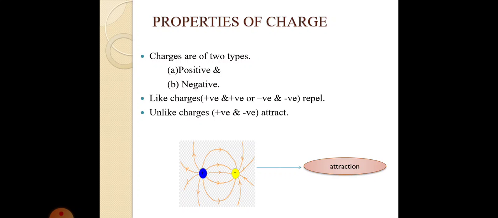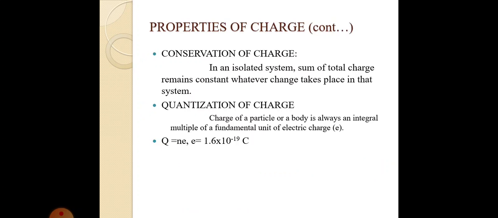The properties of charges are conservation of charges and quantization of charges. The sum of total charge remains constant whenever charge transfer takes place in a system. Quantization of charges: the charge of a particle or body is always an integral multiple of the fundamental charge.